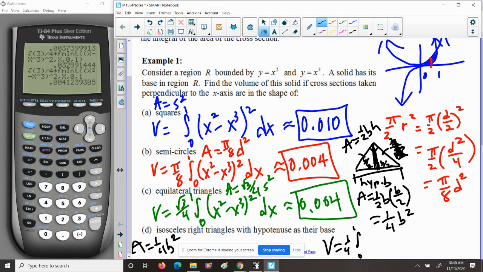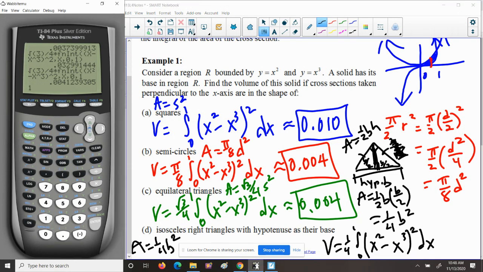And base would be sitting in that region, so it would be upper minus lower, x squared minus x cubed, all squared. So let's do that one. 1/4 times the integral of x squared minus x cubed, all squared, comma x, comma 0, comma 1.